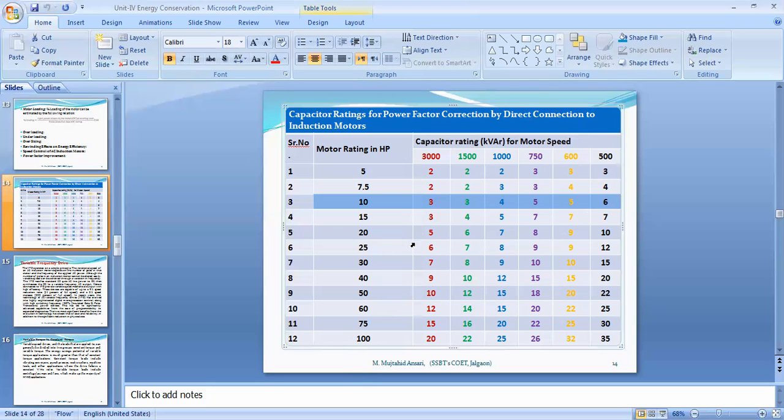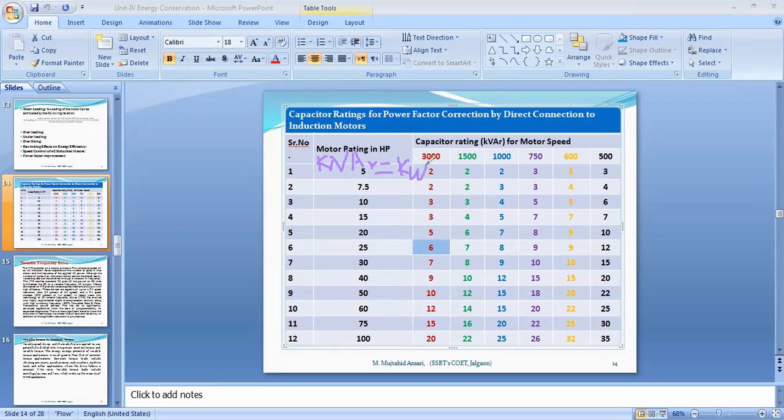Now this can be calculated with the help of a formula. I will write it over here itself. The capacity of the capacitor in kVAR is equal to the active power consumed by the load.